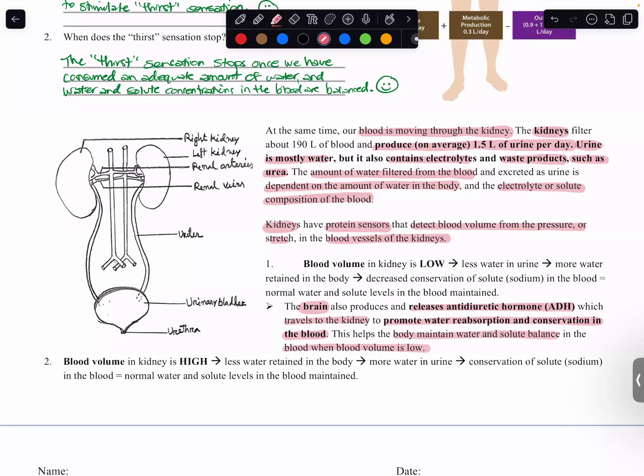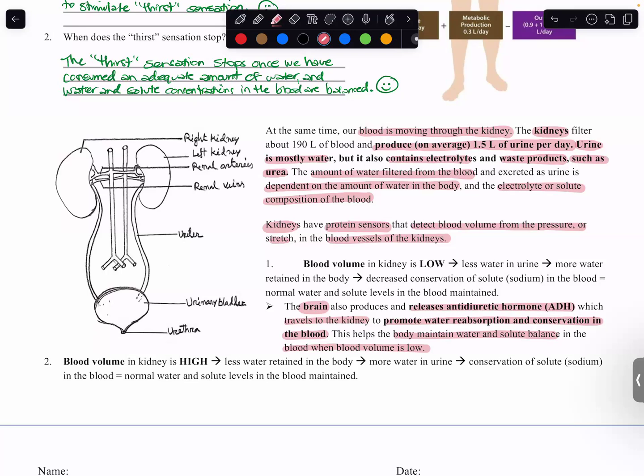So the brain is also going to come in with its own hormonal cocktail, if you will, and go to the kidney and tell the kidney, don't let go of all of that water into that urine. You go ahead and reabsorb some of that water back into the blood because we need it. This person cannot afford to lose any more water. So an antidiuretic hormone is going to tell the kidney, you need to conserve just a little bit more water than you are intending to.